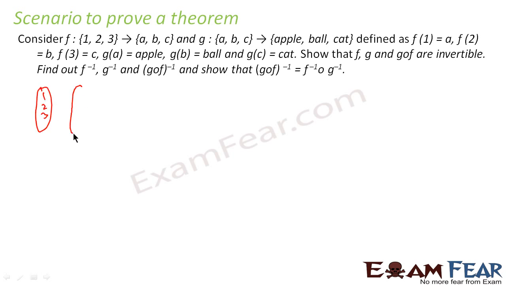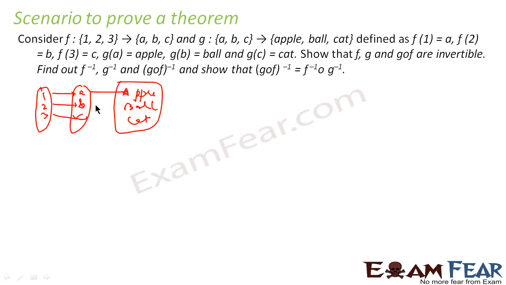So 1 to 3 are the values here, a, b, c is here, and there is a function g from a, b, c to apple, ball, cat. f of 1 is a, f of 2 is b, f of 3 is c, given. g of a is apple, g of b is ball, and g of c is cat. This is f and this is g. This is given.